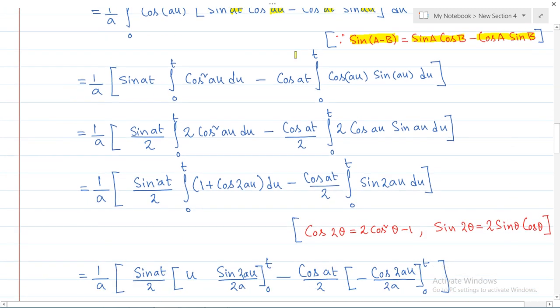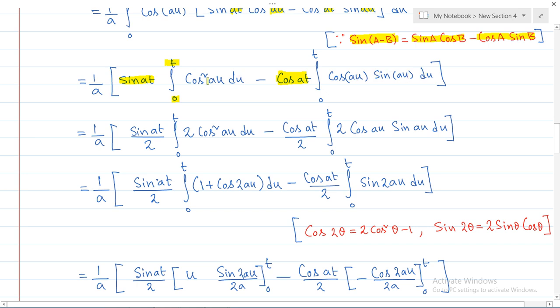So the t-related terms can be kept outside: sin at goes outside, and inside we have the integral from 0 to t of cos squared au du. From the second integral, cos at can be taken outside, and the integral will be from 0 to t of cos au into sin au du.